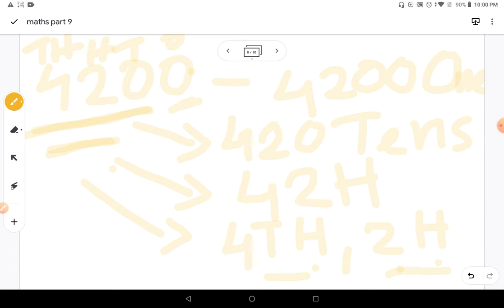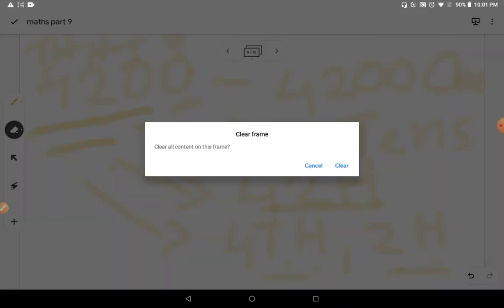So this is 420 tens. Now the ones place and tens place happen to be 0, so you can represent it in hundreds terms. So that is 42 hundreds. And thousands terms alone we cannot represent. Why? Because the place value of 100 is 2. So this will become 4 thousands and 2 hundreds. Okay, so this is how you have to convert the numbers into the different representations.